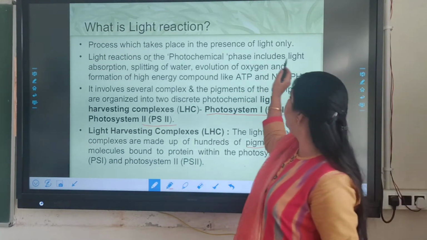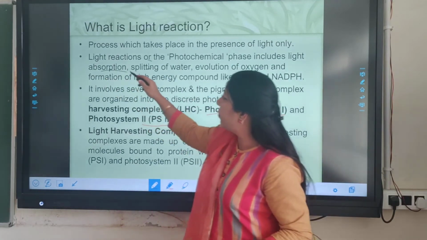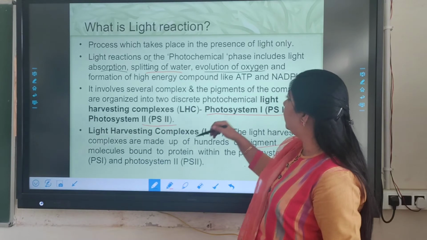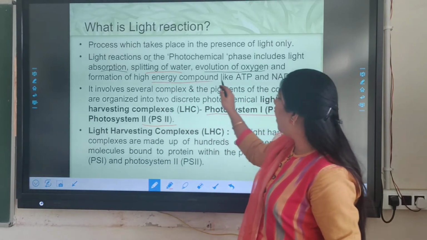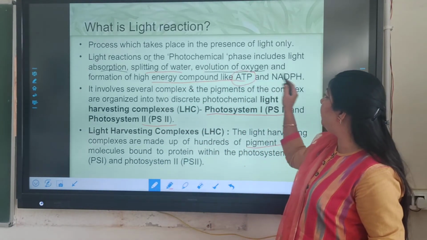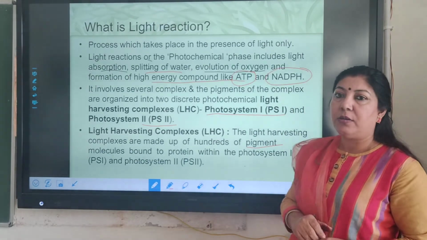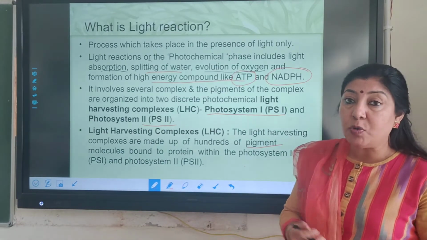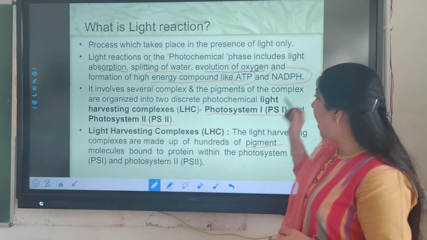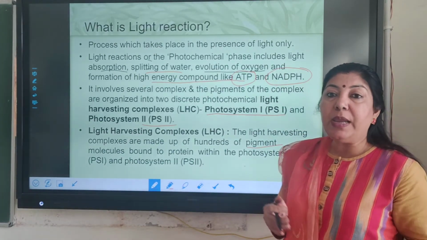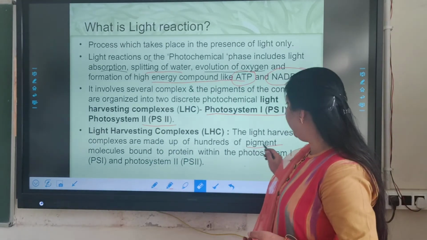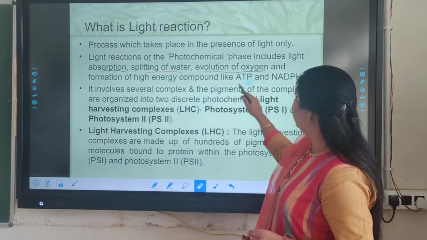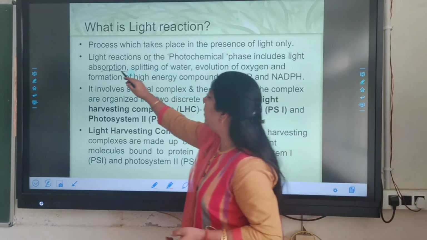First one is absorption of light, then splitting of water, then evolution of oxygen, and formation of high energy compounds like ATP and NADPH. So these are actually the output of light reactions, and these products will be used later on in the dark reactions. So let us study how these light reactions are operated.